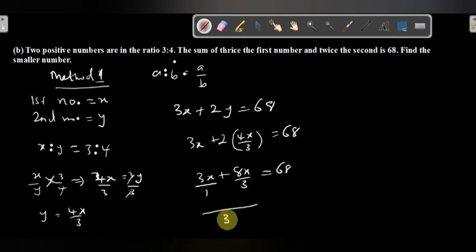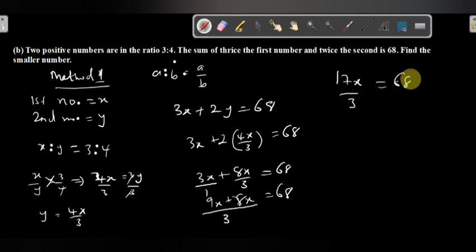So 3 divided by 1 is 3 times 3x, that's 9x, plus 3 divided by 3, 1 times 8x, that's 8x, equals 68. So from here, we add this together, that gives us 9x plus 8x is equal to 17x all over 3 equals 68.